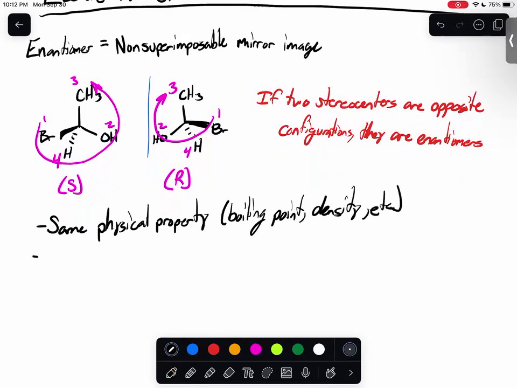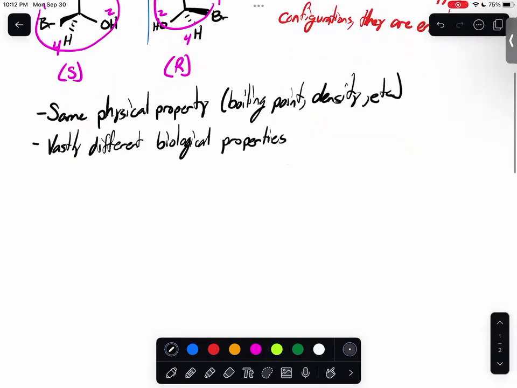However, they have vastly different biological properties. And I think there's a really cool molecule that demonstrates this really well. That molecule is one that you are familiar with. You just don't know how familiar you are with it at the moment.